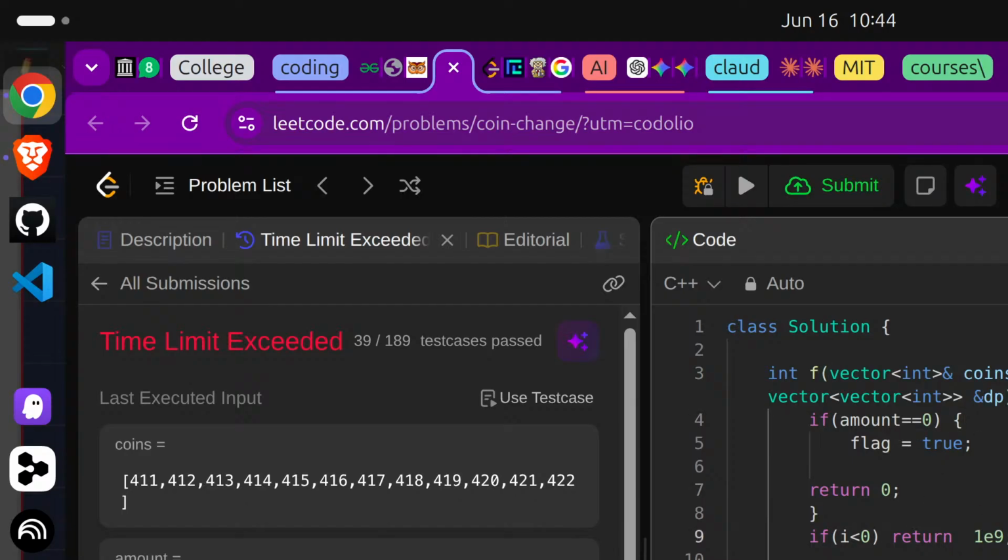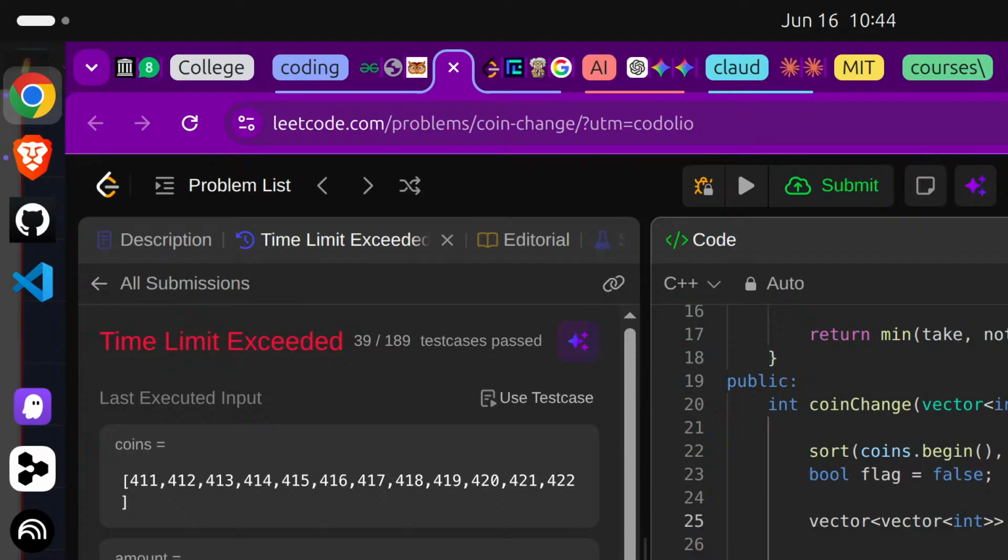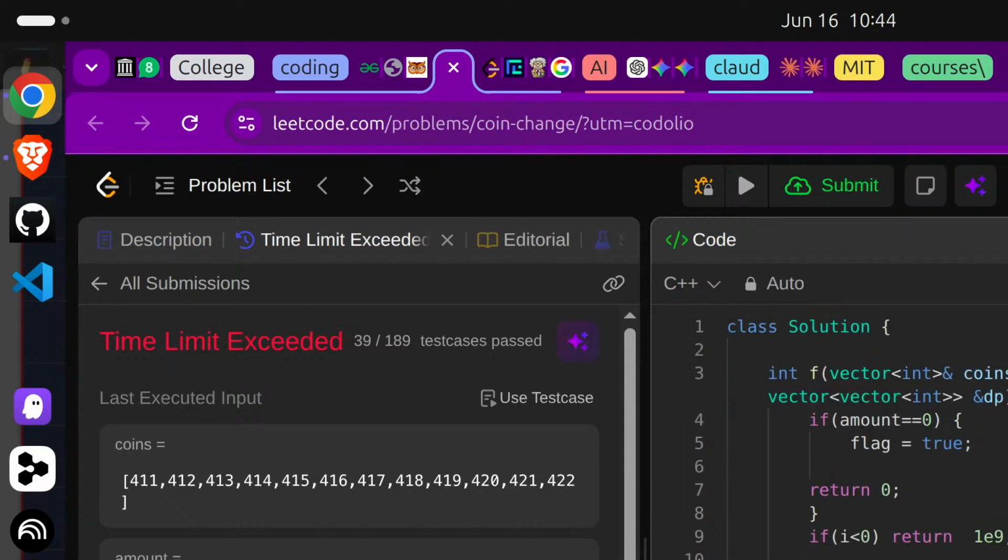Okay, let's go for minus 1, right, like this. So dp of I comma minus 1, no, amount now is equal to minus 1, return dp of I comma amount, right?